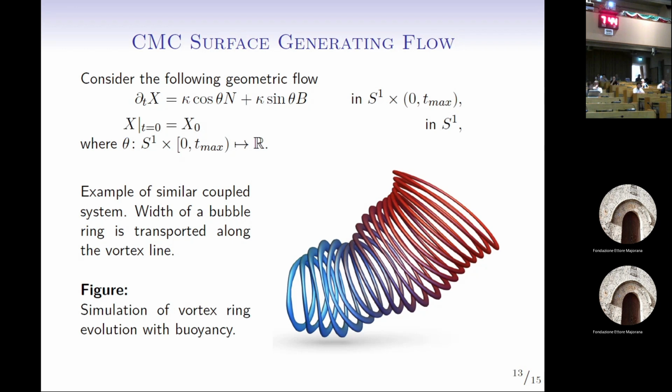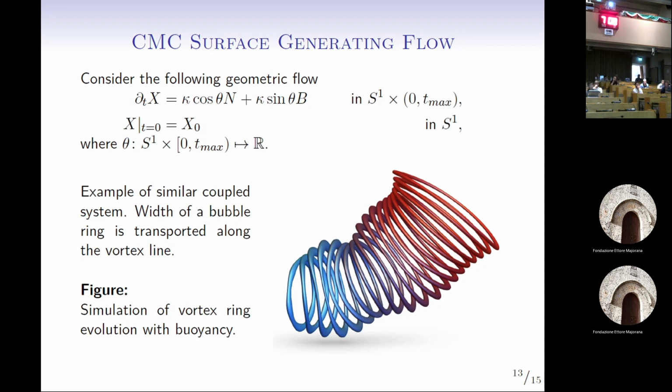So in this picture, there is a simulation of a bubble vortex, which is described as the vortex line plus, at each point along the curve, the width of the bubble. Then by buoyancy, this goes up, and the width of the bubble is a value that can be transported and moved around along the curve.